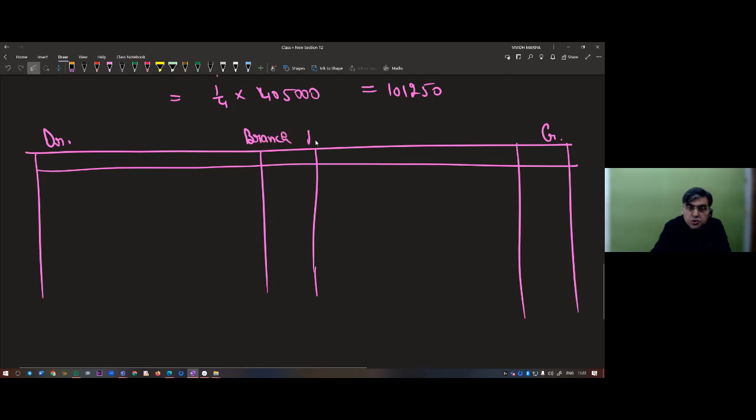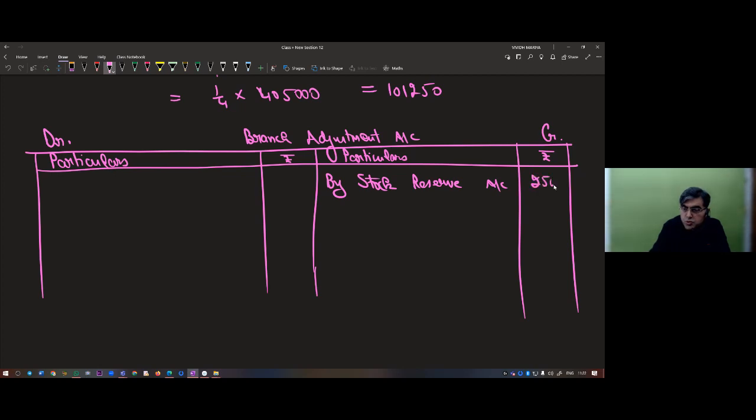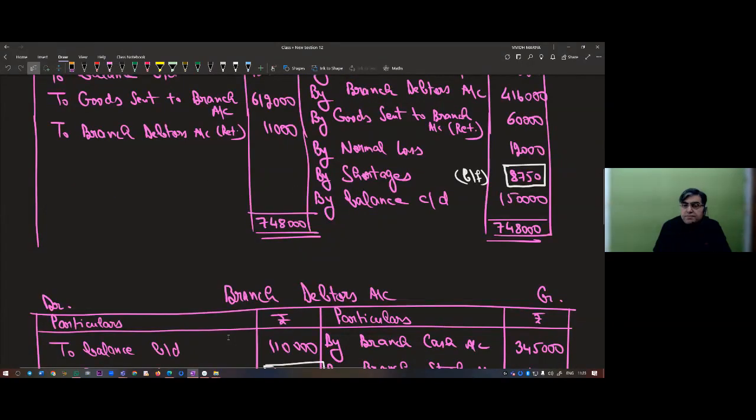Branch adjustment account. Particulars: to normal loss, the normal loss is 12,000.